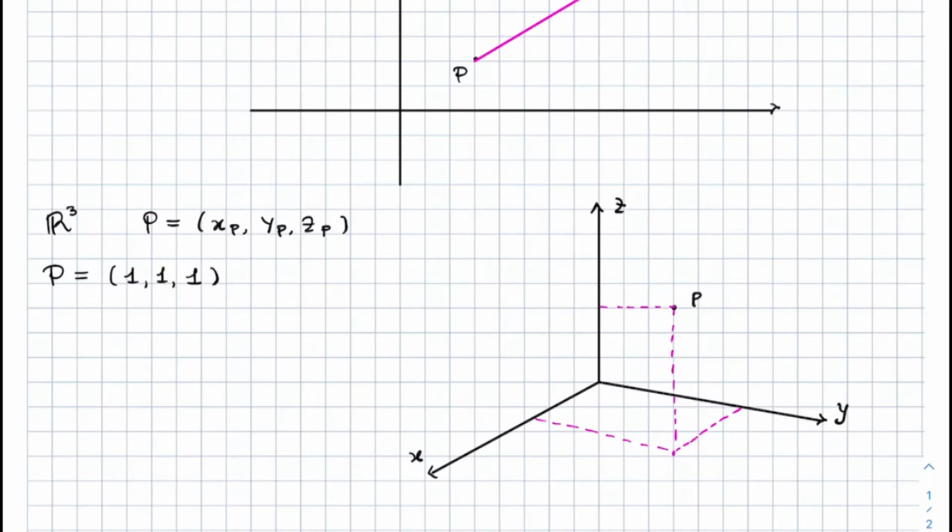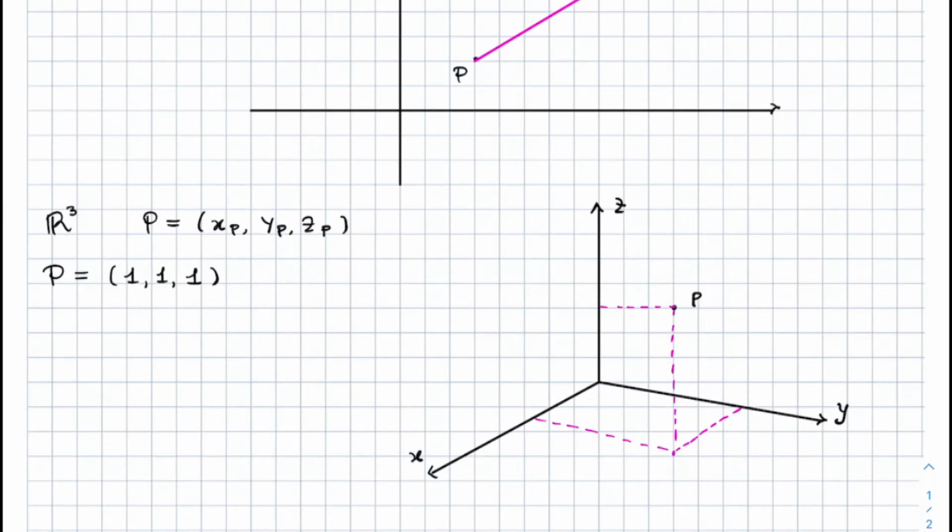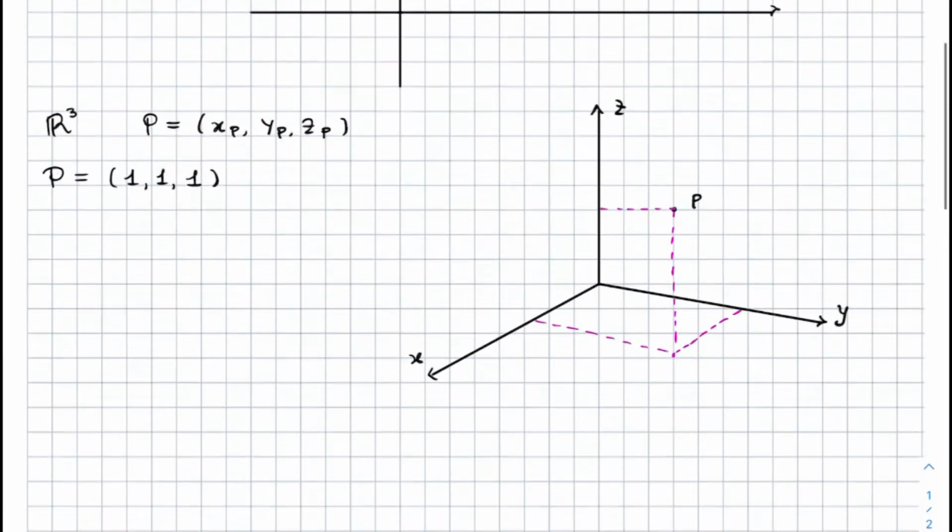What we want to do now is to define a metric or a distance on R3, which is just a generalization of the metric we had in R2. How do we do this?